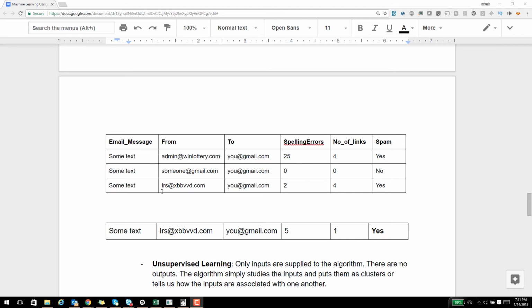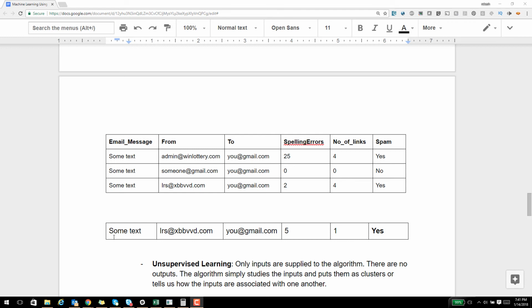What we have done is broken that down a little bit. From that email message, we have taken some text, the from address, the to address, how many spelling errors there are in the email, how many external links there are, and then we have classified it as spam, yes or no. So this is your input and output data that you will be supplying to the algorithm.